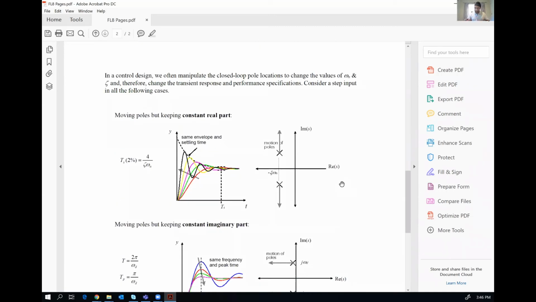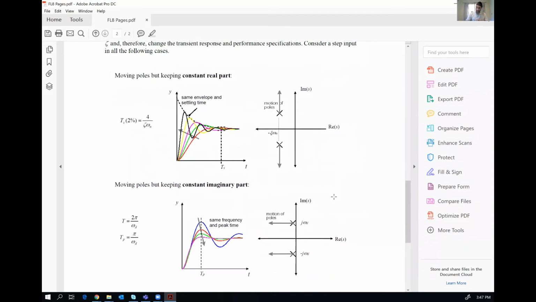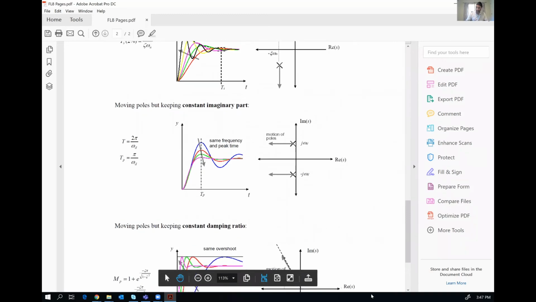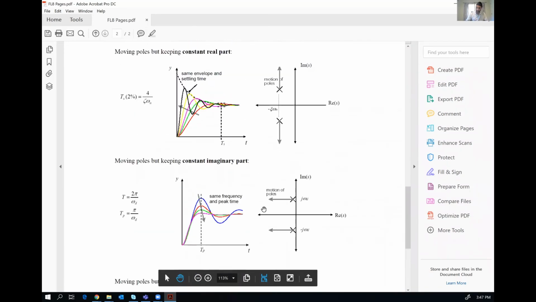Let us see what happens if we try to fix certain parameters in these pole locations, like fixing the real part of the pole, or fixing the imaginary part of the pole, or fixing the angle that the pole takes with the negative real axis.